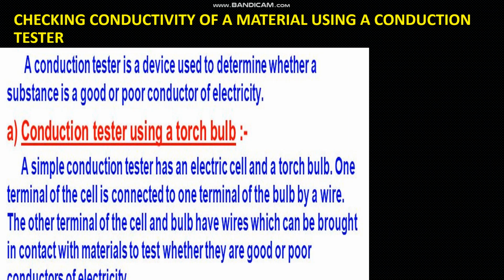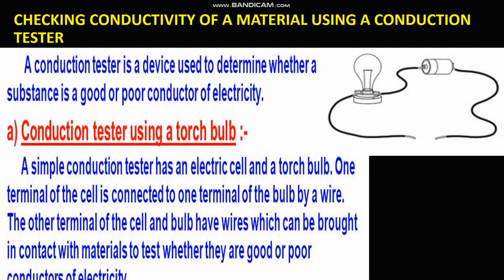Next, we have to learn how to check the conductivity of a material using a conduction tester. What is a conduction tester? A conduction tester is a device used to determine whether a substance is a good or poor conductor of electricity. A simple conduction tester has an electric cell and a torch bulb.